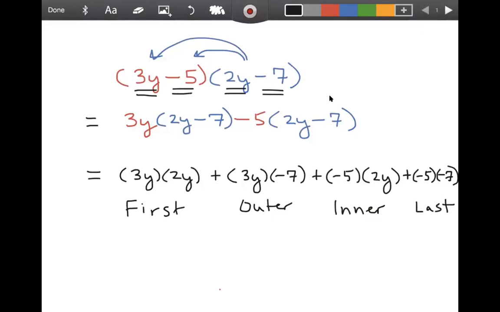And that's where we get FOIL: first, outer, inner, last. All right, so let's switch back to the presentation.